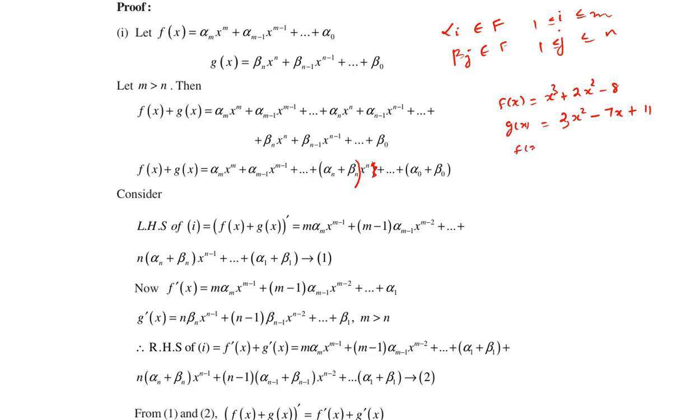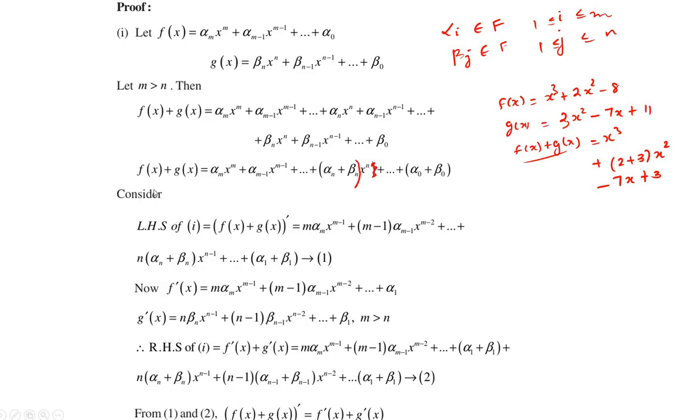So when you add these two, f of x plus g of x, the higher degree term we keep as such, then we add these two: 2 plus 3 into x square, minus 7x, then 11 minus 8, so 3. So this is what f of x plus g of x is. This is for the general case that we have written.